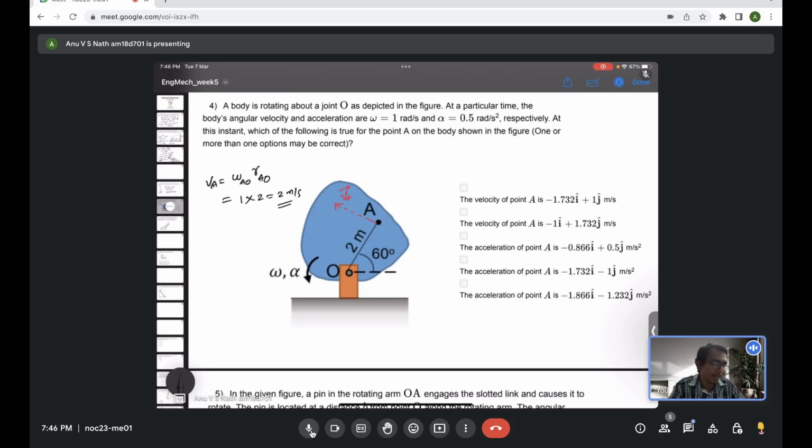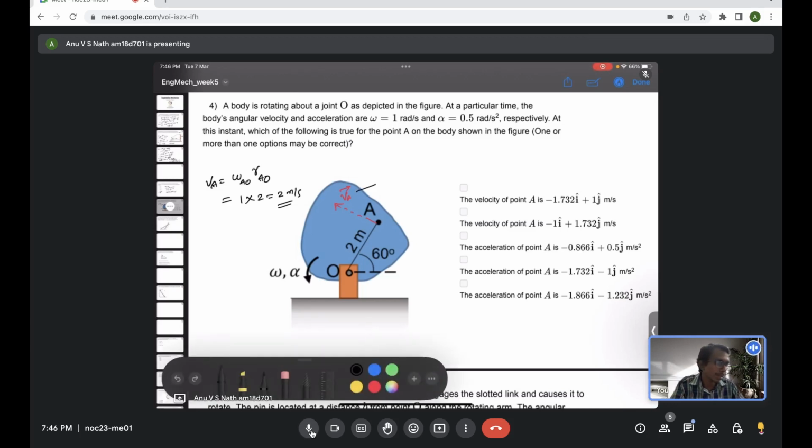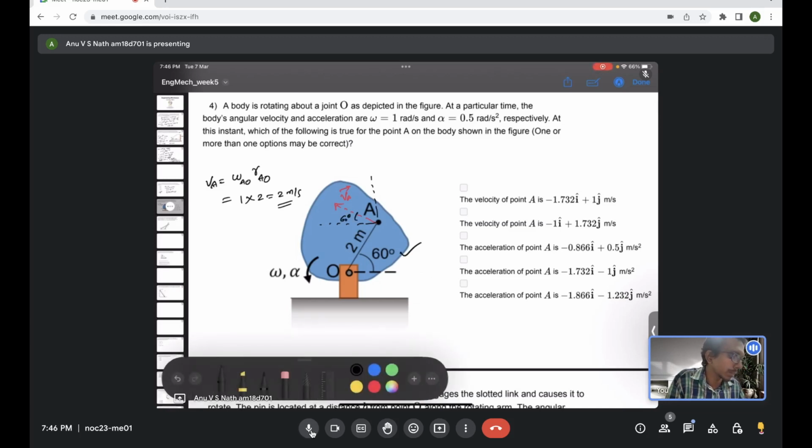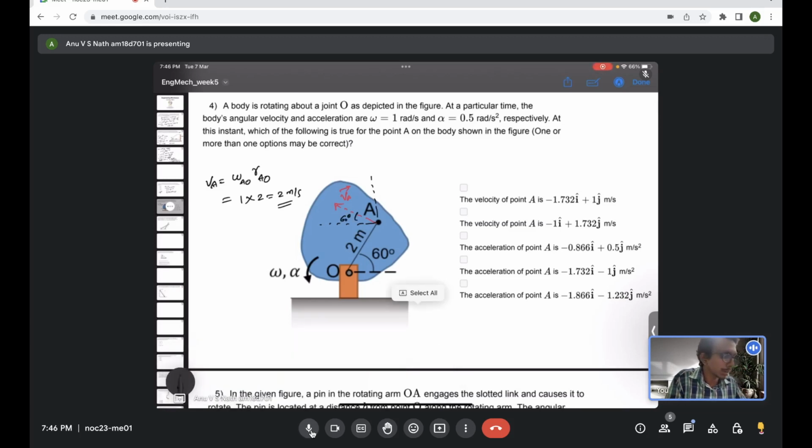So this is VA, the magnitude. Now we know the magnitude, and that magnitude is acting along this particular direction. If you try to resolve this into the horizontal and vertical components, you can clearly see this angle is 60 degree, because from the basic geometry you can see that is 60 degree.